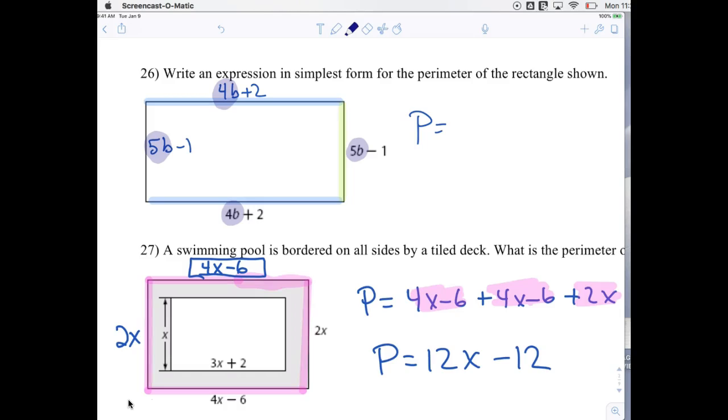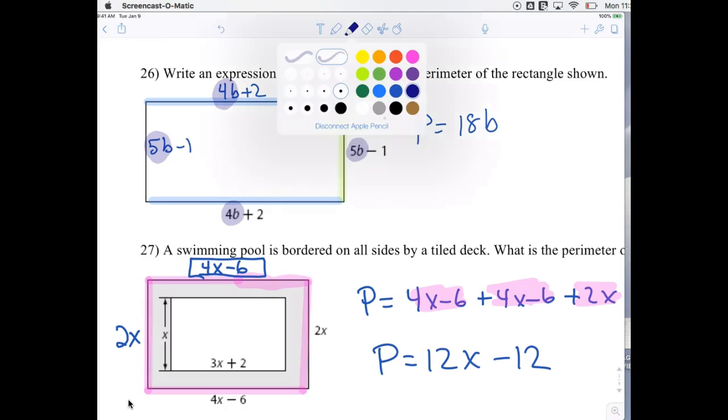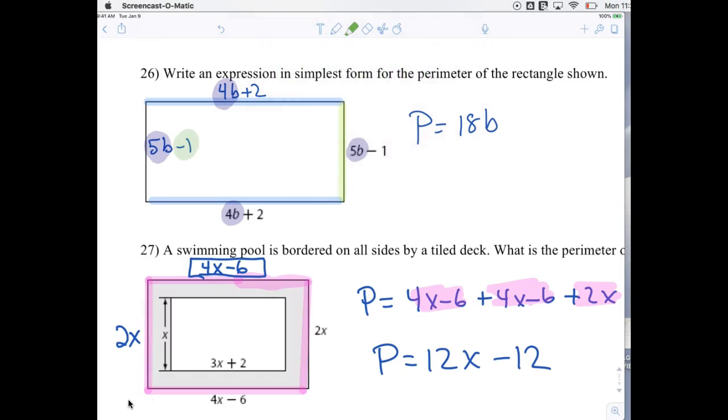So I'm going to put 18b down. Then I'm looking at the numbers. This is a negative 1, and this over here is a what? When I add it together, it becomes 0. So my final answer is 18b plus 2. That's how I want you to think about that.